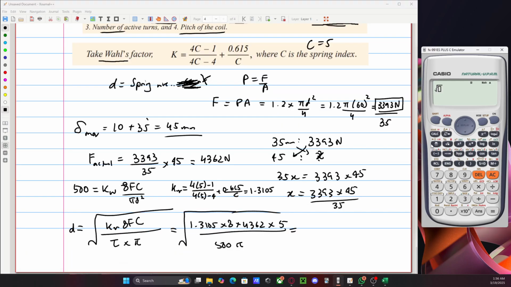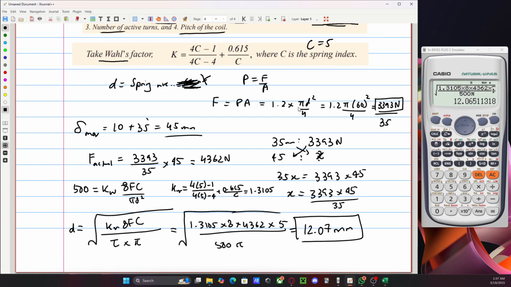So square root of 1.3105 times 8 times 4362 times 5 over 500 pi, and this gives us a value of 12.07 millimeters. This is the diameter of the spring wire.